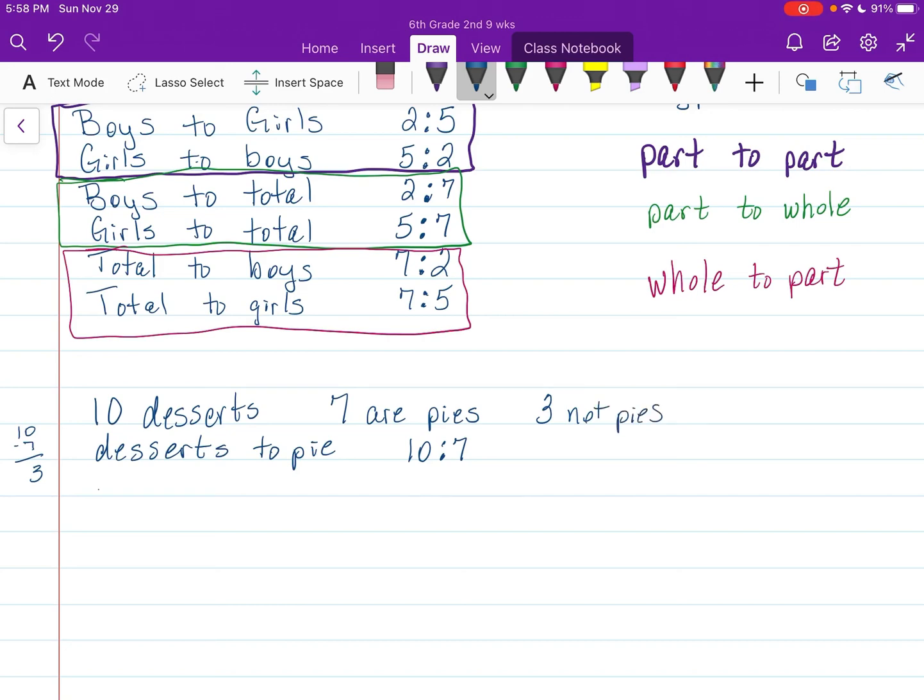So our ratio that we would write here would be desserts to not pies. I guess we could have put other, right? Other desserts besides pies. So what that ratio would be 10 to 3. All right, so that's our whole to part. So let's do our part to whole. So we could have pies to desserts.